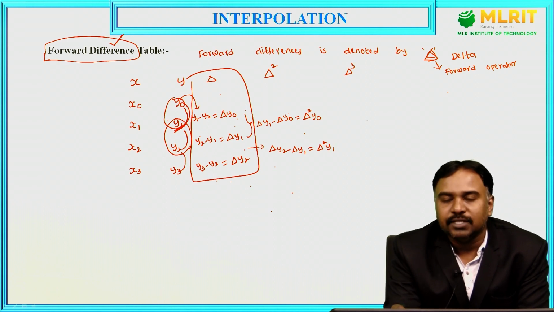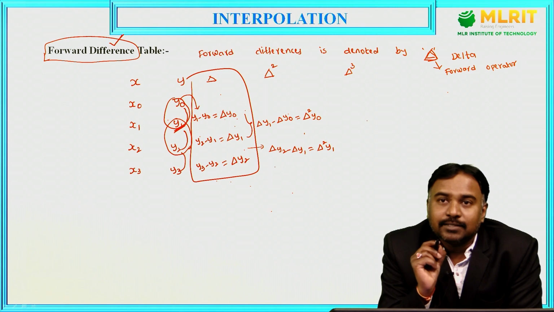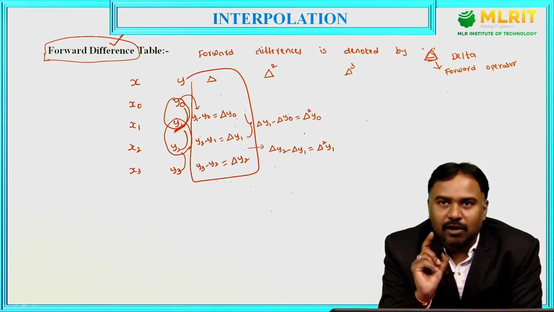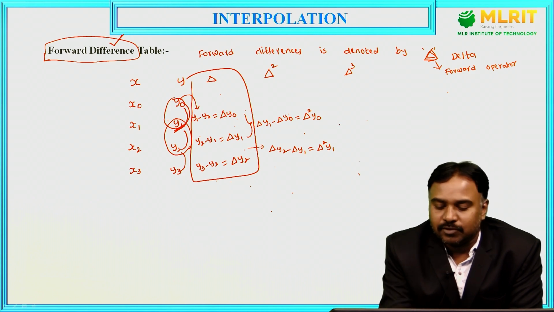We continue this table until only a single value exists, and then we can stop the process.